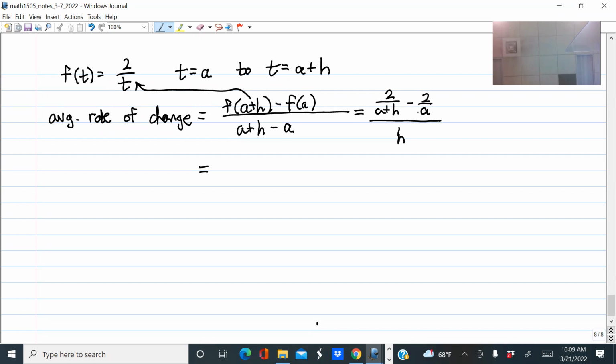The simple way for finding the common denominator is just to take the product of the two denominators. That always gives you a common denominator. By the way, when you're adding or subtracting fractions and the denominators are not the same, you need a common denominator, and you can just take the product of the two denominators.